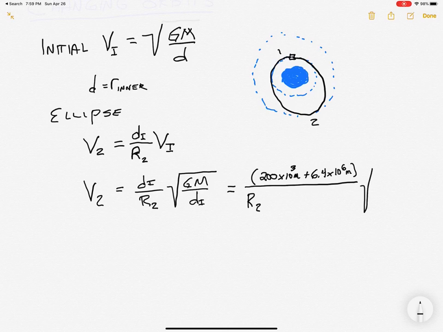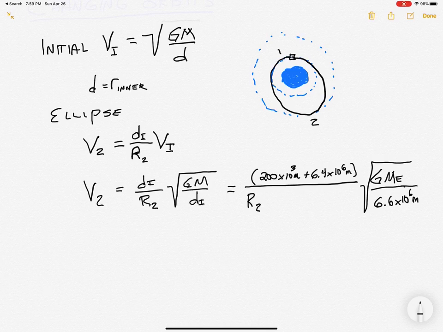Then we're going to wind up with the square root of big G, mass of the Earth, and then let's see, 10 to the 5th, that'll make that 6.6 times 10 to the 6 meters as what D is actually equal to. So this will be our velocity when we get to point 2, wherever point 2 is.